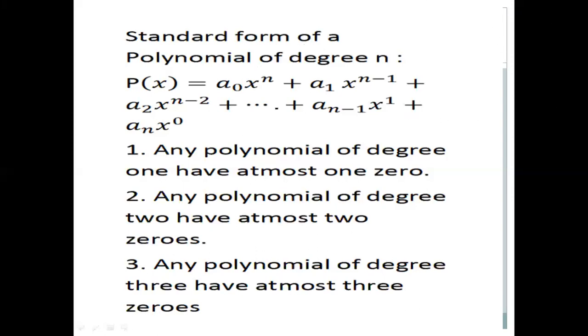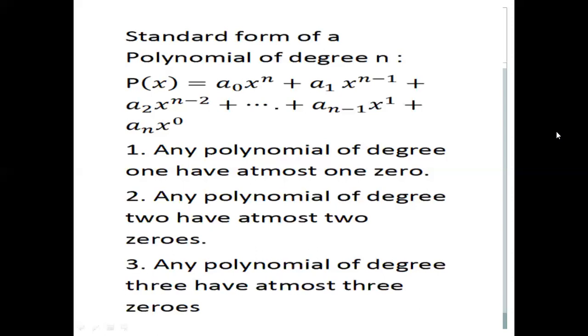So, a0 x power n, the first term, represents the degree of the variable x. Then the last term is only the constant. The remaining coefficients and x powers are in a slowly decreasing manner.